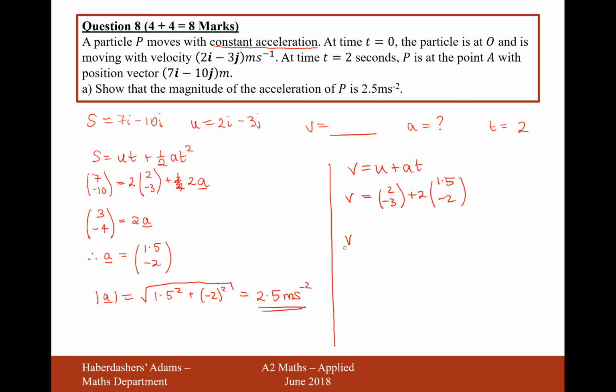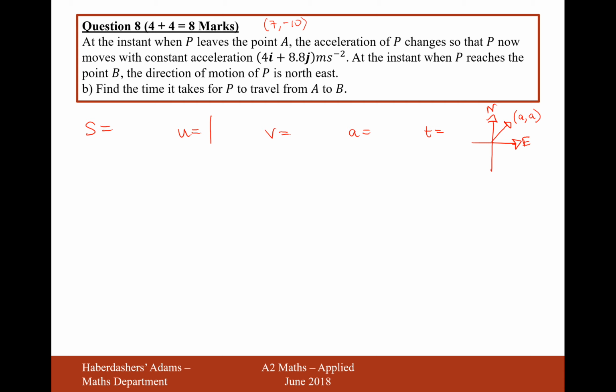If we add this together, we get the velocity vector, which is 2 plus 3, which is 5, and minus 3 minus 4, that would be minus 7. So the velocity vector at point A is 5 minus 7, and that is the new initial velocity.